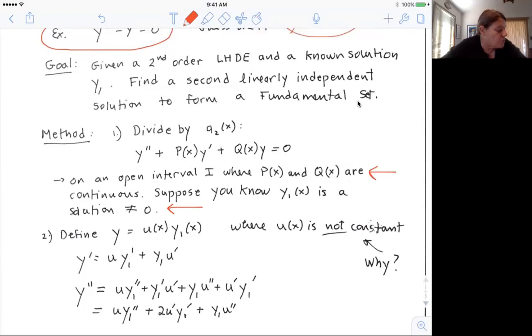The one we're looking for is a new solution, y, that's linearly independent. And what I said in the last one was that this one right here, guys, is the known solution.